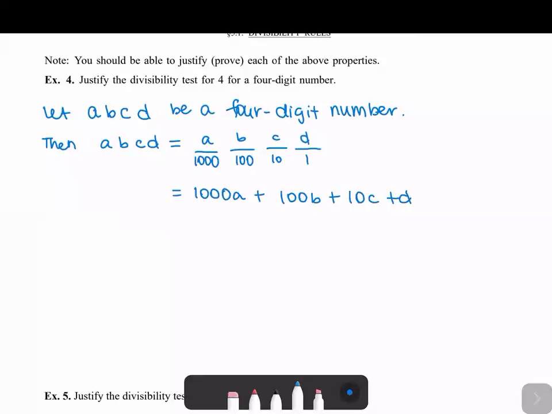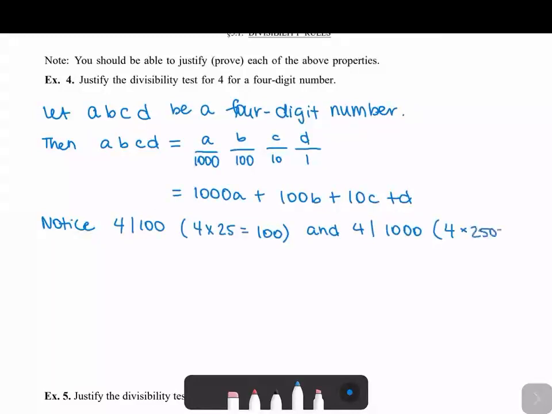So what can we notice? We notice, like I told you in the last video, 4 divides 100 because 4 times 25 is 100, and 4 divides 1,000 because 4 times 250 is 1,000.